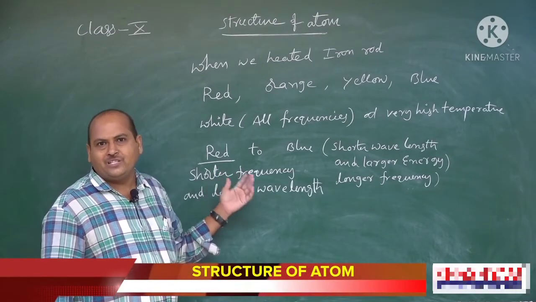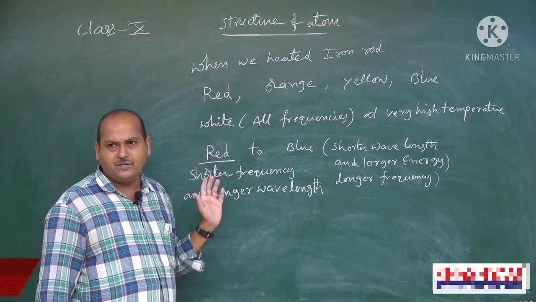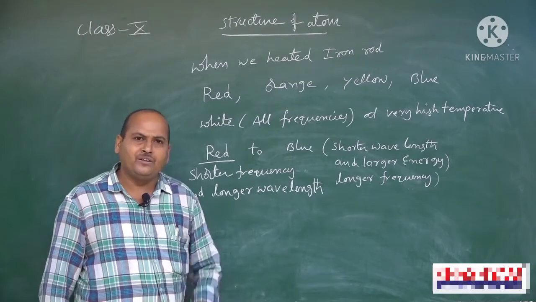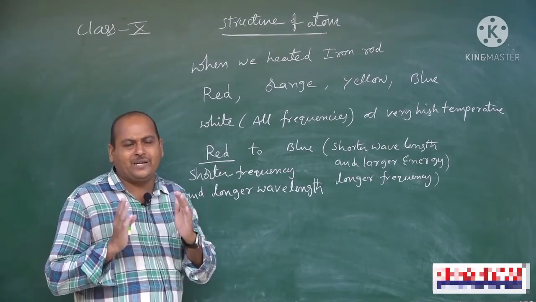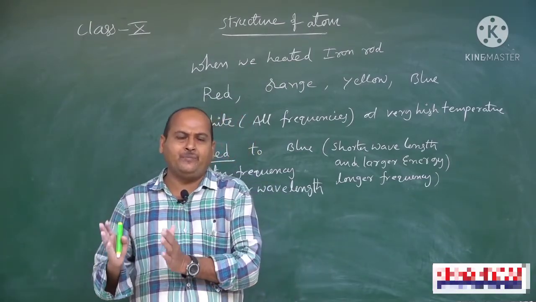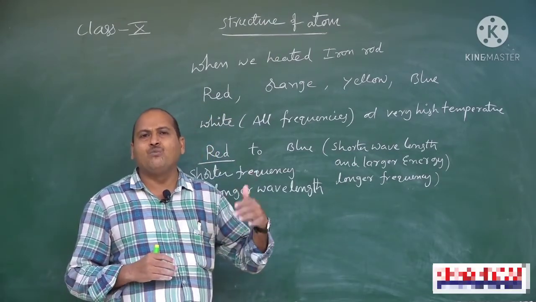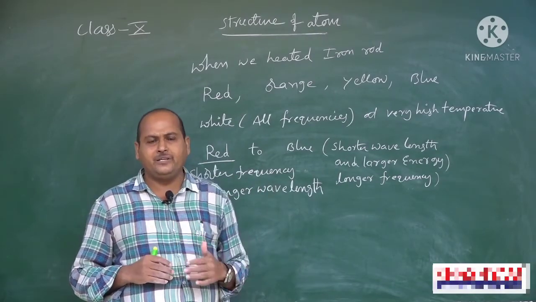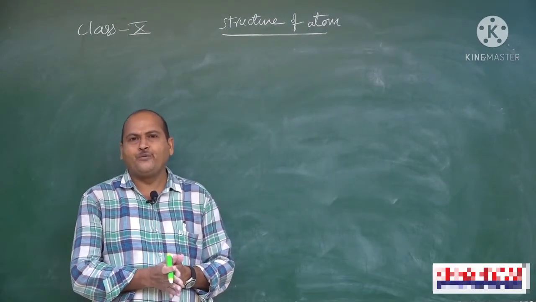At a high intensity one color appears and the remaining colors do not appear, because the intensity of that one color is greater than the intensity of the other colors. Now coming to the wave nature of light.